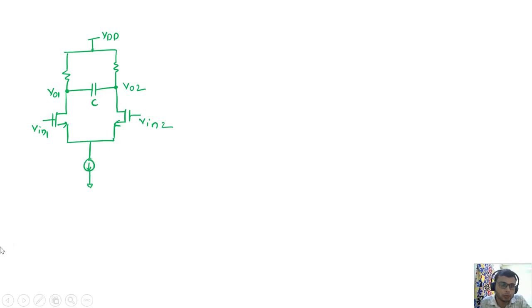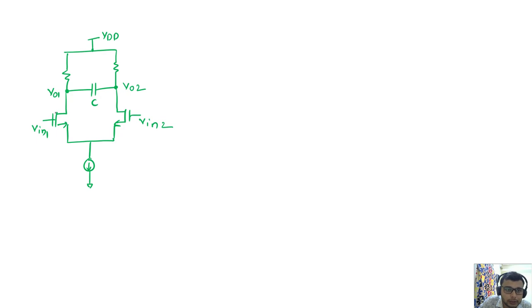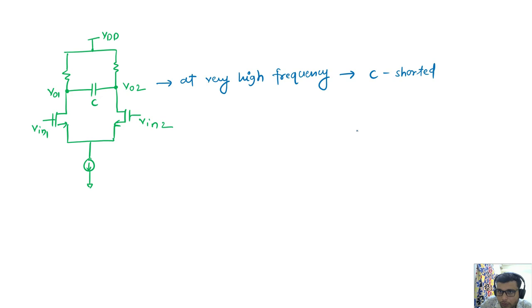The point I want to make here is that in general there is no direct connection between input and output, so I can say there is no zero. But what happens at very high frequency? At a very high frequency, my cap is shorted. What about the differential input?